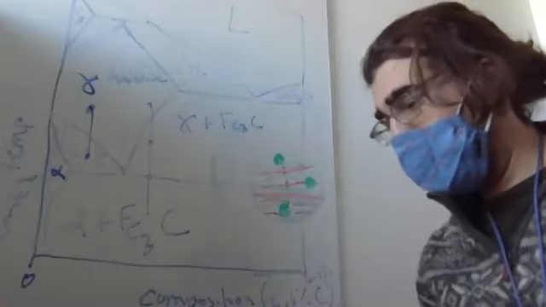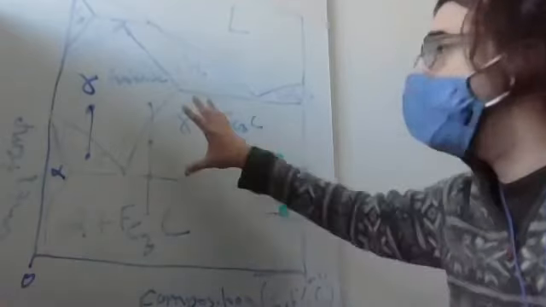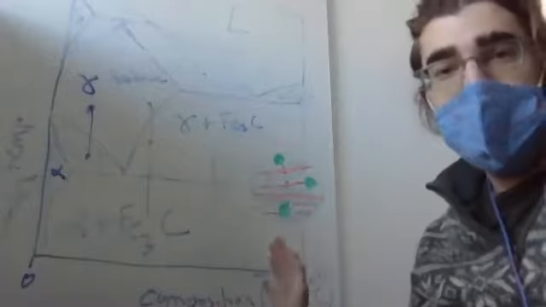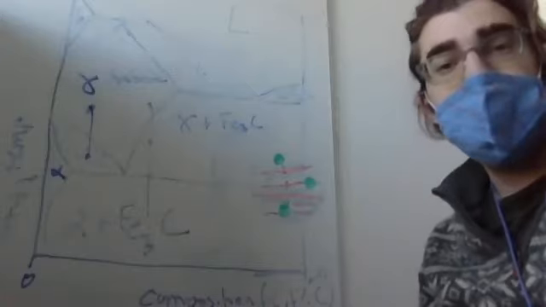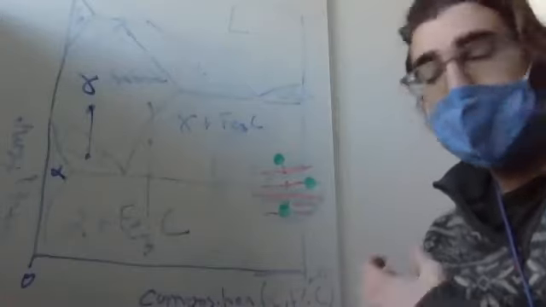So this is just an example of how changing processing conditions can alter the microstructure and then ultimately alter performance. So let me see. And this is chapter 9 in the book still.